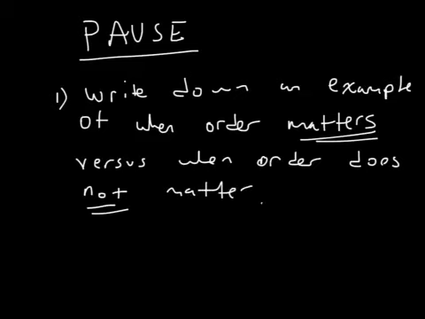So in other words, I'm asking you to try to think in your mind an example of when you have a bunch of objects, and if you choose the objects, when does the order not matter and when does the order matter? Think of an example of when the order matters, and then think of an example when the order does not matter. So pause this video and take a second to write that down.